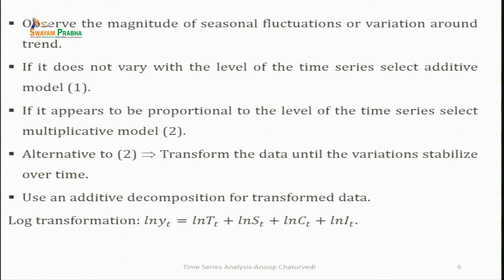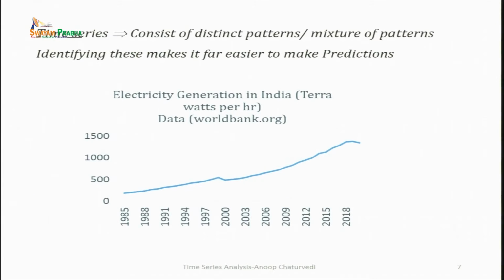So, if you are using log transformation, then log yt is equal to log tt plus log st plus log ct plus log it. So, after taking the log transformation, you have transformed the multiplicative model into the additive model form. I will again come to this point later on when we consider the seasonal component in detail.